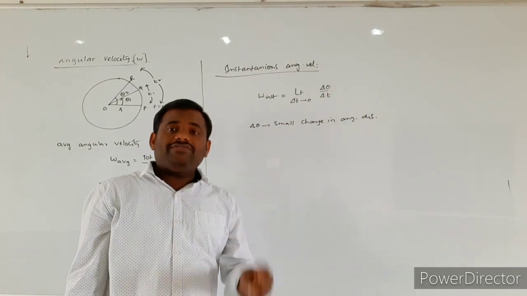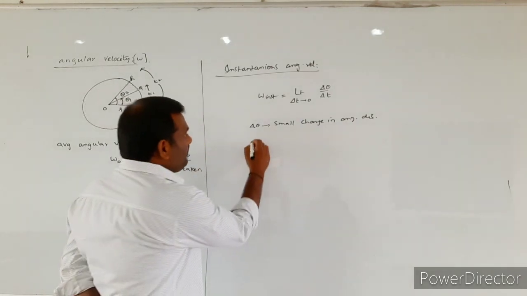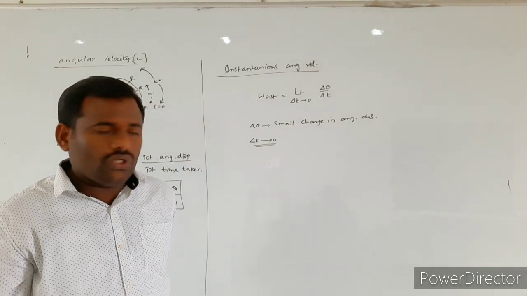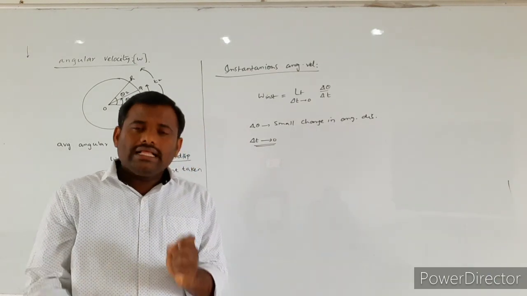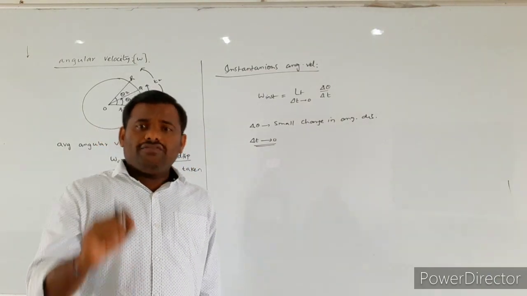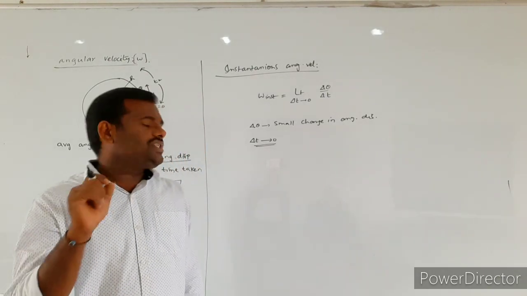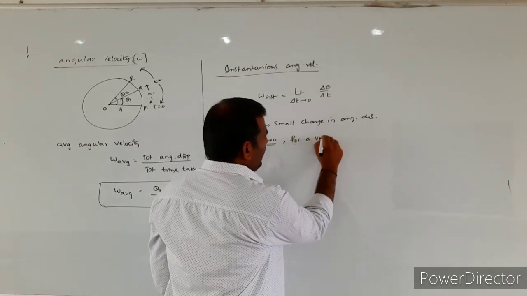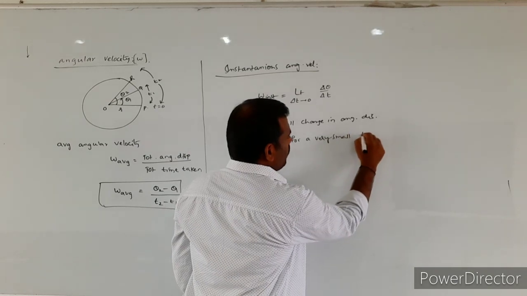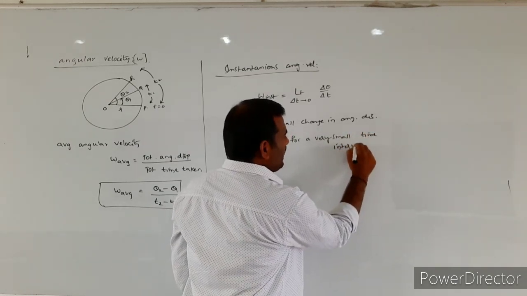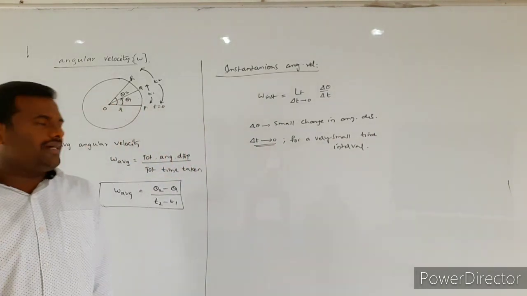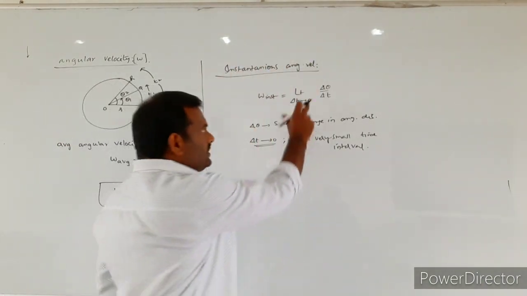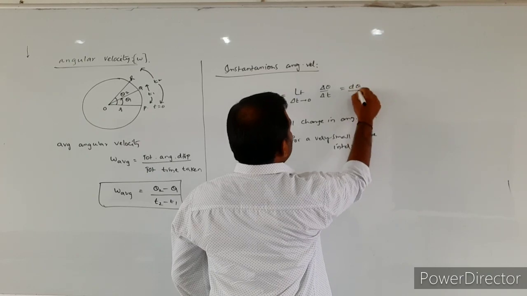What is meant by delta t tends to 0? The time interval is very small, a fraction of a second. If you measure the angular velocity for a very small time interval, such angular velocity is called instantaneous angular velocity. This can also be written as d theta by dt.